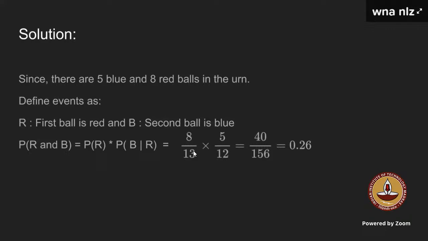It's not that we are picking both together and asking the probability that the first ball is red and the second ball is blue. Over there it would have been 13C2, because at that time we are picking up two balls at a time, a single event. Yes, sir, I get that. So can you show the question again?